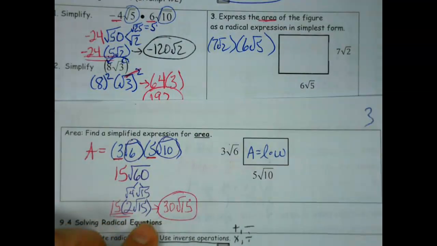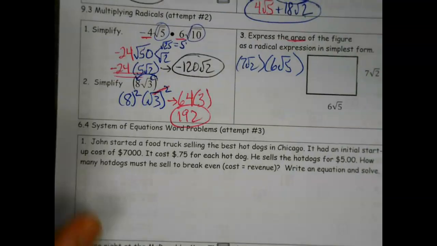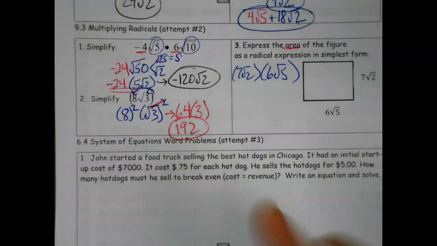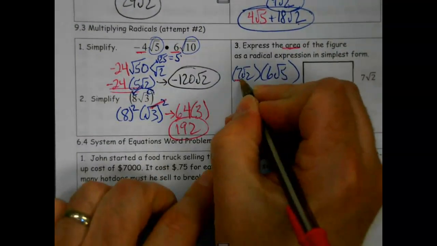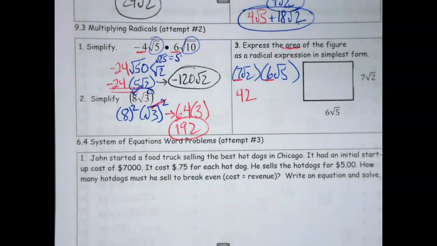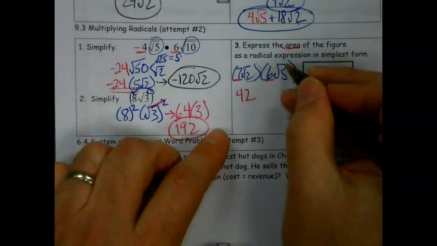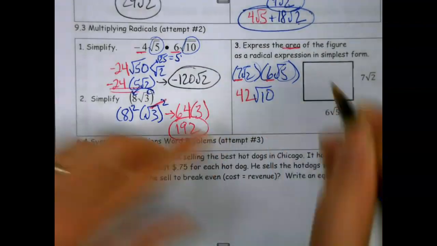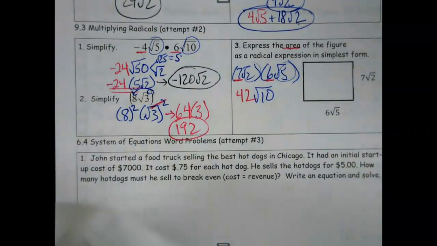It's going to be kind of similar to what I did over here in number 1. Multiply the numbers outside. Multiply the numbers inside.